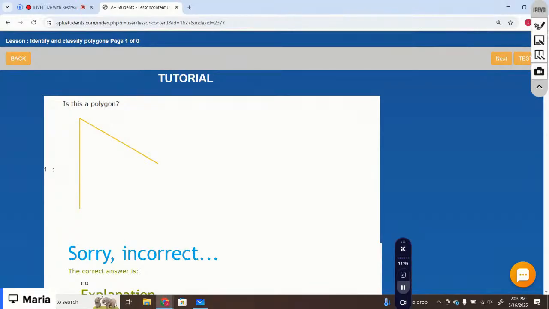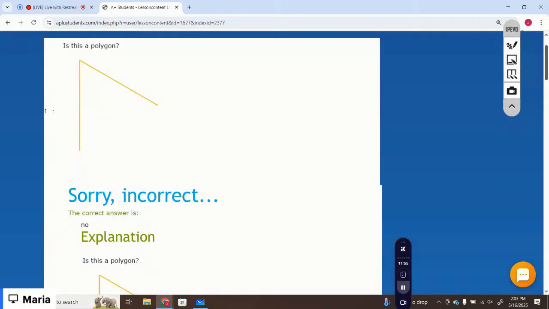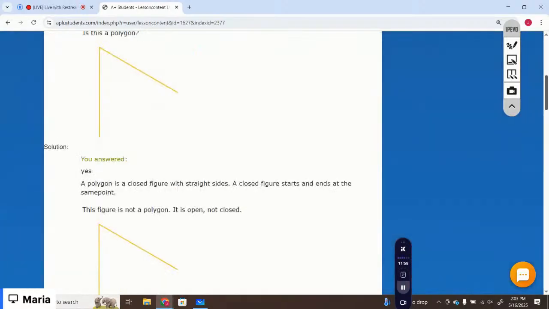Is this a polygon? No, that is not a polygon. The correct option is no. A polygon is a closed figure with straight sides. A closed figure starts and ends at the same point. That is not a closed figure, so that isn't a polygon.